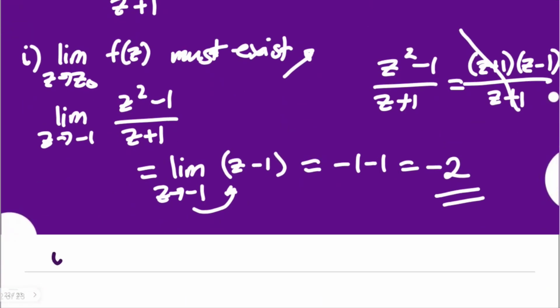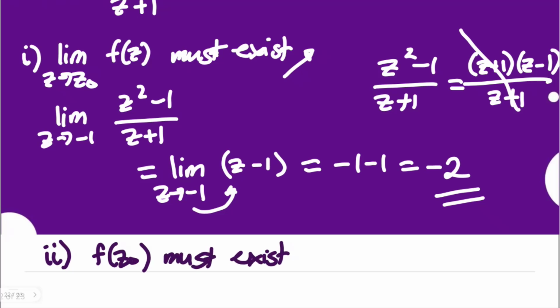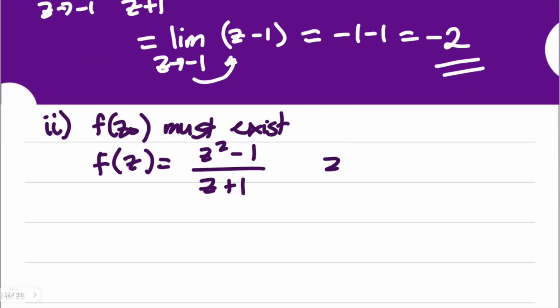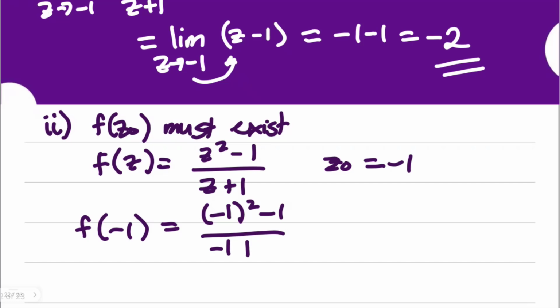The second condition is that f of z sub 0 must exist. Now, take note, it's automatic substitution. So you have your function of z, which is z squared minus 1 over z plus 1, and your z sub 0 is at negative 1. So if you have f of z sub 0, or f of negative 1, you will have negative 1 squared minus 1 over negative 1 plus 1.